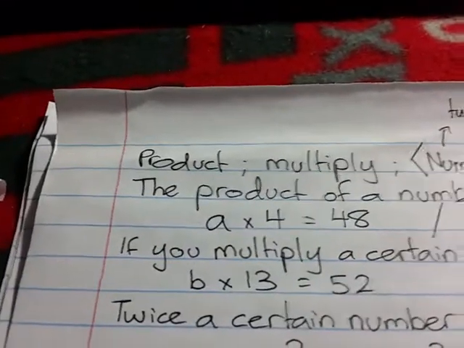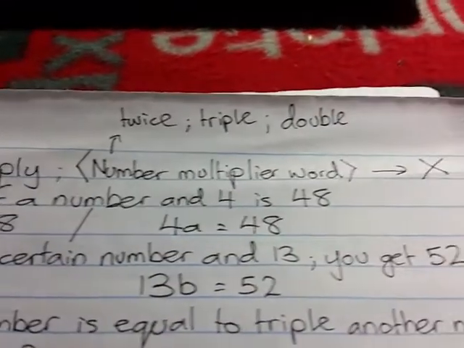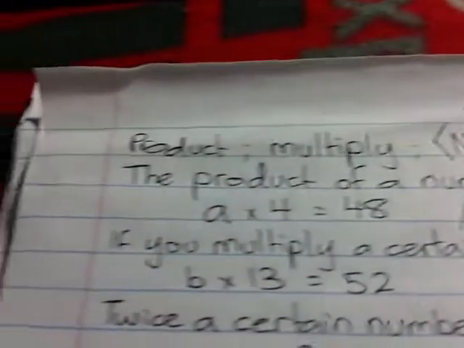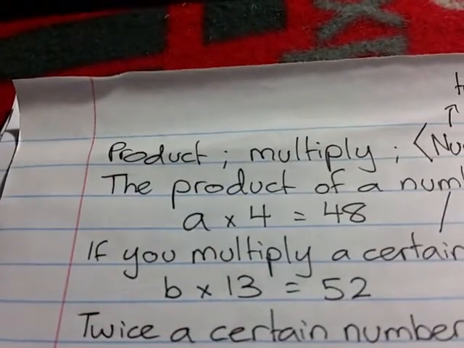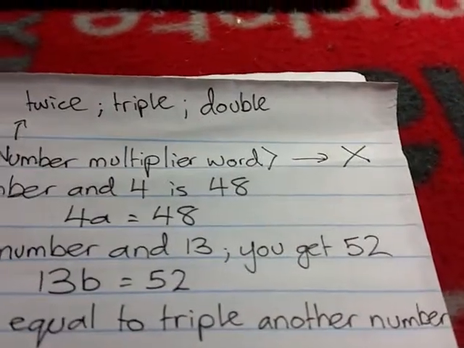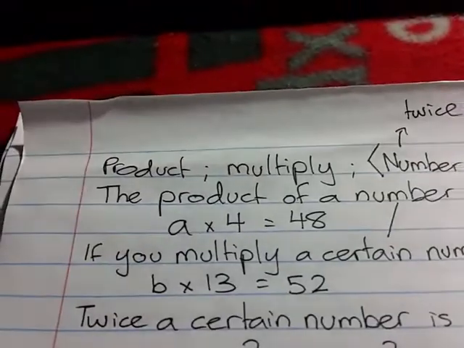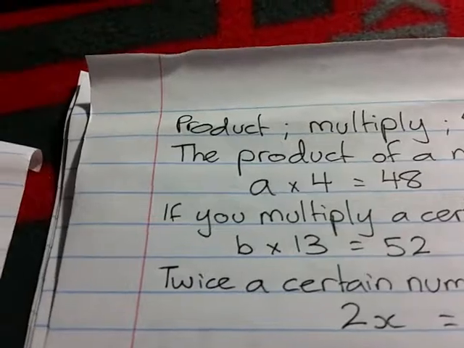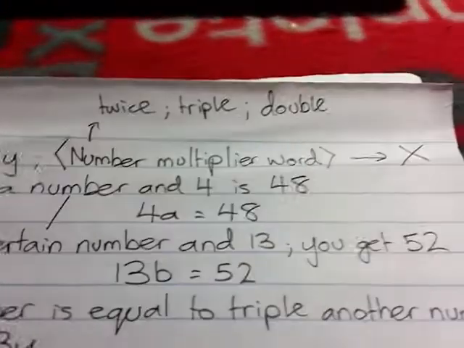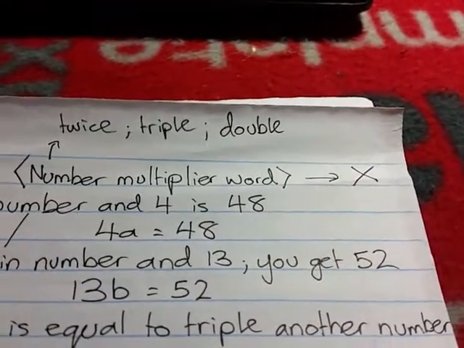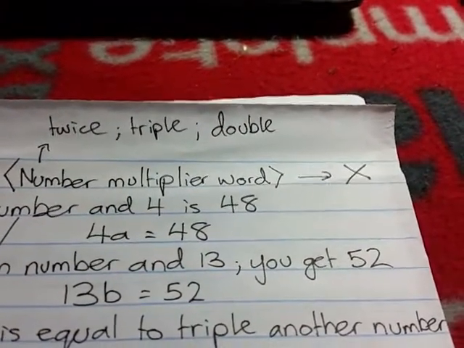Twice a certain number is equal to triple another number. The word twice is a times 2 multiplier. Triple is a times 3 multiplier. So twice a certain number, so I'm using twice x, and that's equal to triple, which is 3 times another number.